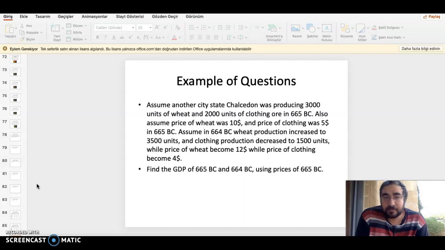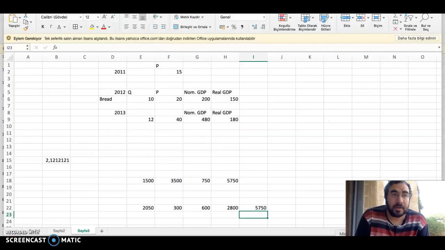Assume in 664 BC, wheat production has increased to 3,500 units, clothing has decreased to 1,500 units, while the prices have become 12 and $4. Okay, let's do that.